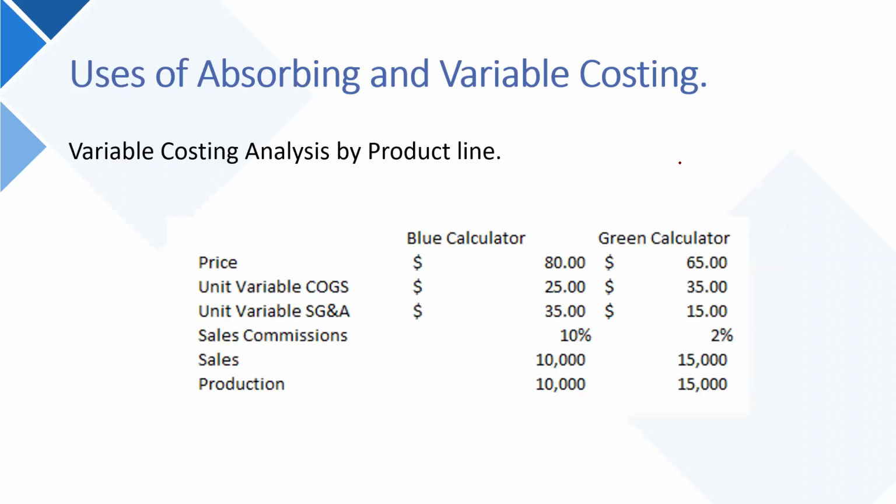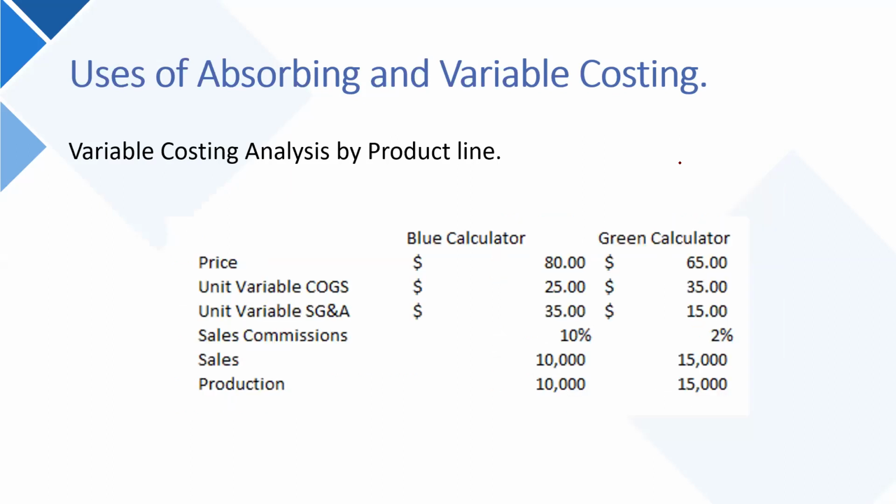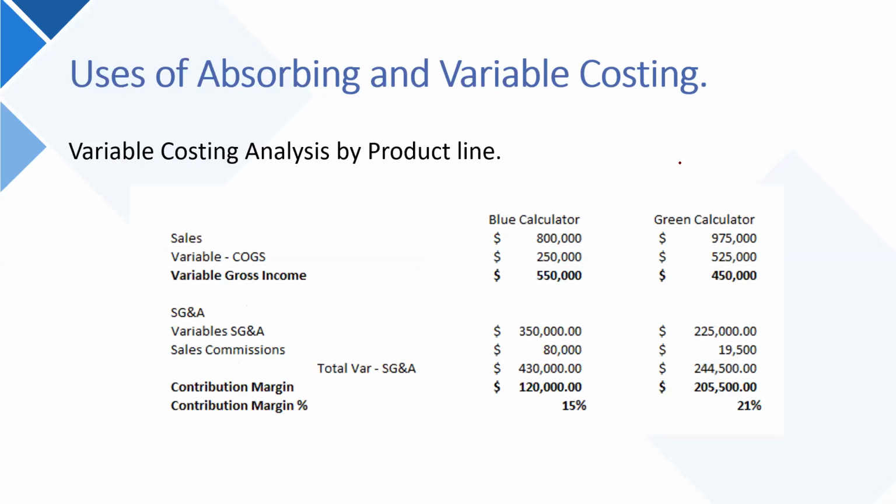So I have my sales. Remember, sales is the unit price times the quantity sold. I have a variable cost of goods sold, which is my unit variable cost of goods sold times the sales, which in this case is the same as production. And I want you to tell me at this point of variable gross income, which of the two products seems to be the best.